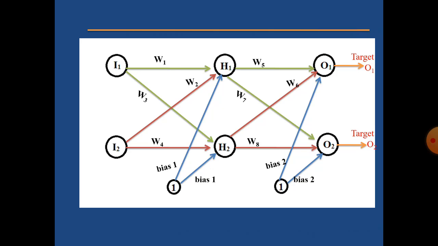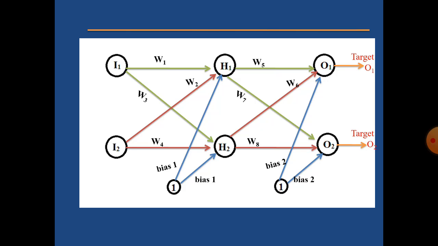We are very much familiar with this figure because we have been discussing it right from our back propagation unit onwards. Here I1, I2 are the input units, H1, H2 are the hidden units, whereas O1, O2 are the output units. We have different weights W1 to W8.